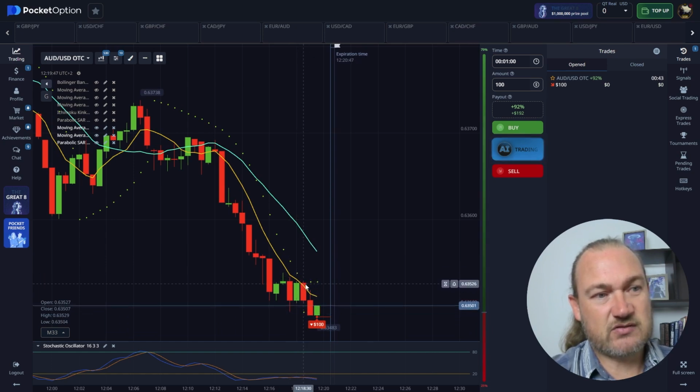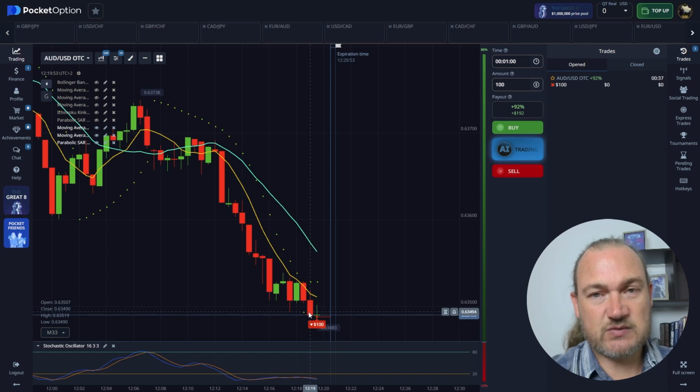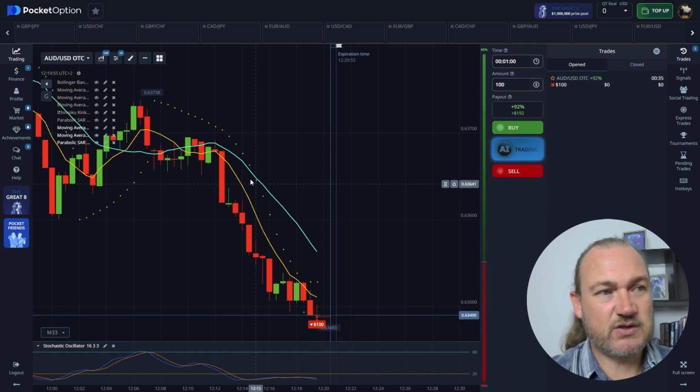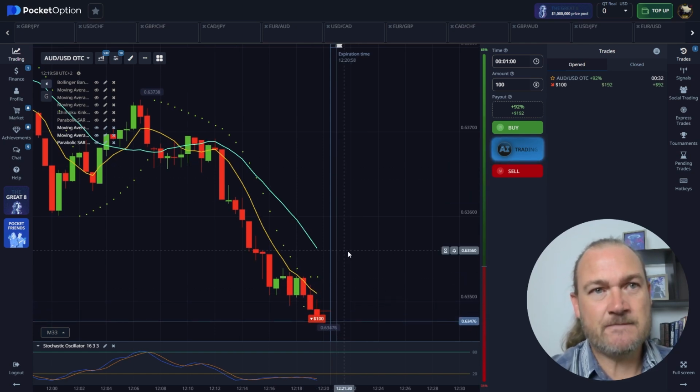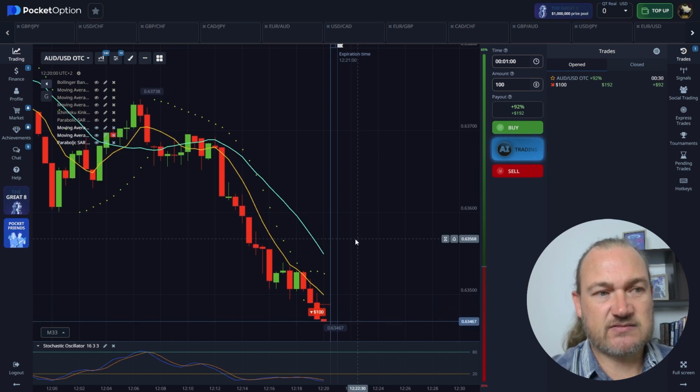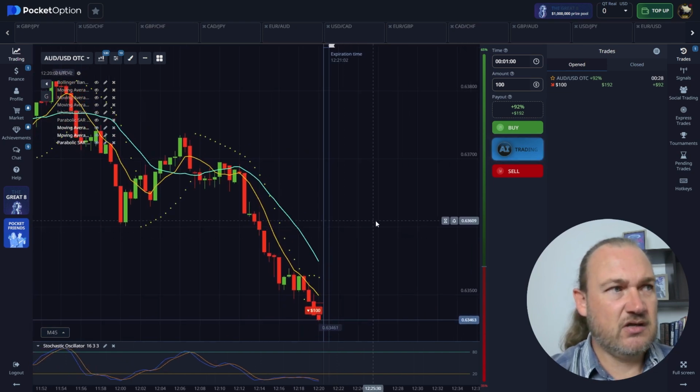My SAR switched to the bottom, telling me we are moving upwards, but immediately afterwards we broke it again to the bottom side. So this is a sell signal for me, and because we are in a downwards move, I am only taking sell signals. And there we go.